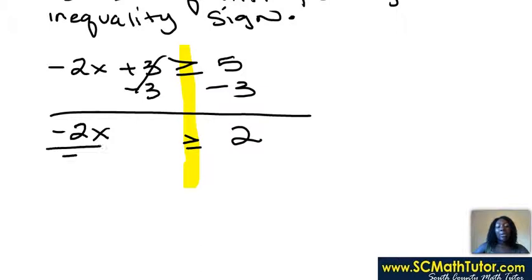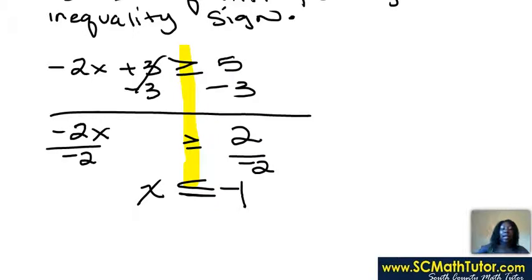Now you're dividing by negative 2. Whenever you divide across an inequality sign by a negative, you want to change the inequality sign. So your variable is now all the numbers that are less than or equal to negative 1. Again, if you divide across inequalities by a negative, you flip your inequality sign.